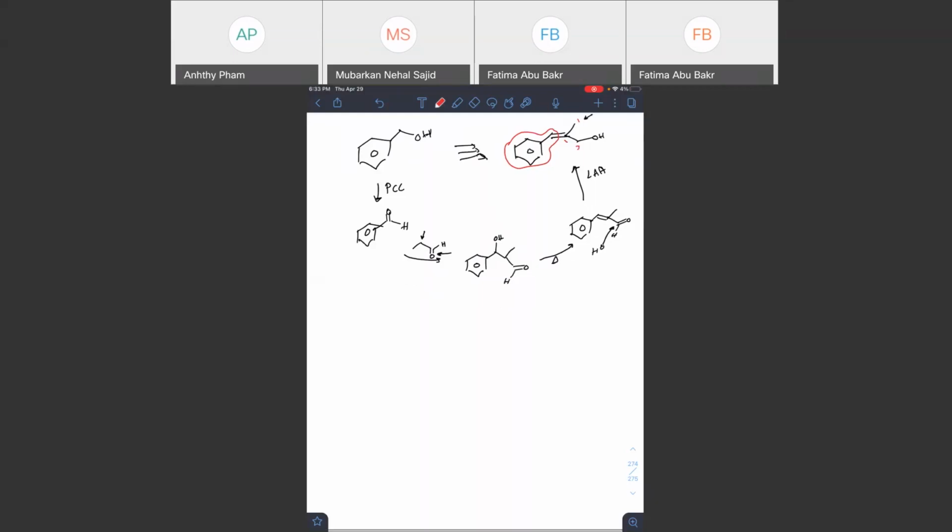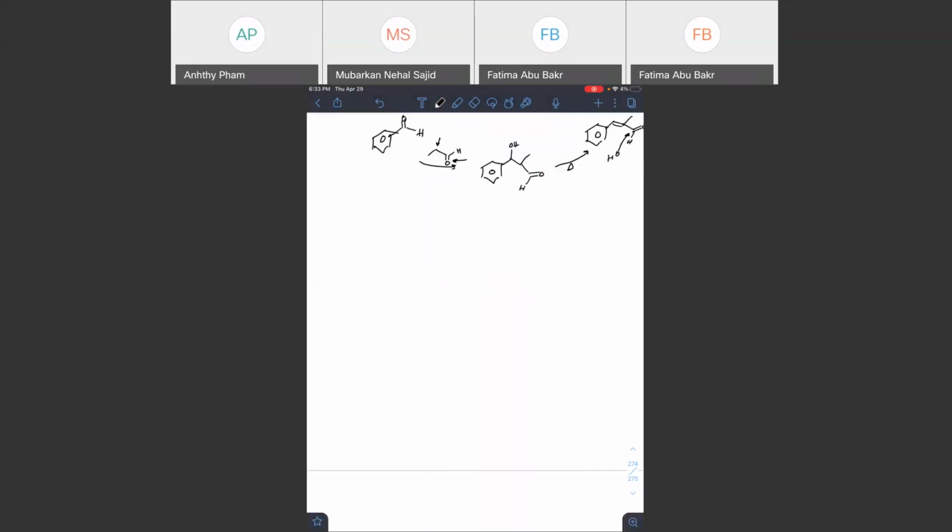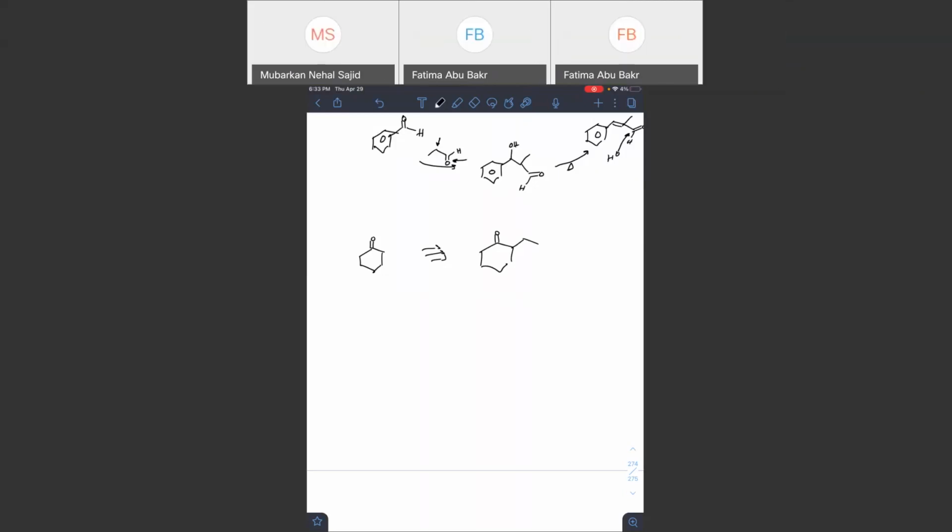Okay, here's one more retrosynthesis that uses LDA, so I like that. Here we have a carbonyl on a cyclohexane that in the end simply has an alkyl attached here, and that is so clearly just an alpha addition, right? But what are we going to add to the alpha position? I think there's multiple ways to do this. The way he's doing it is not the way I would think of first.